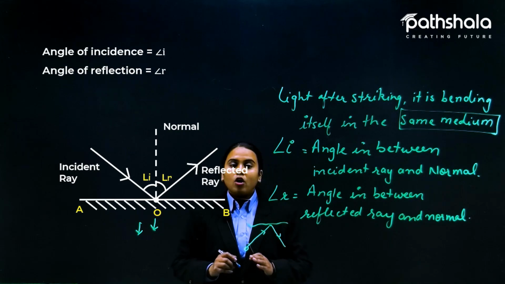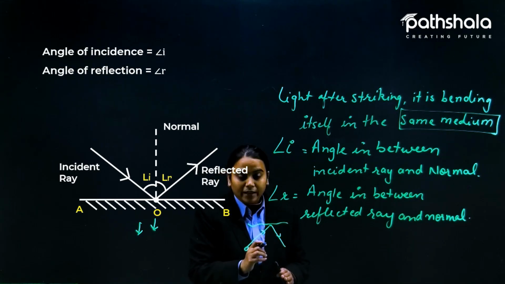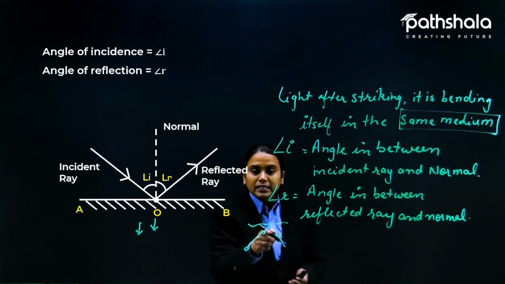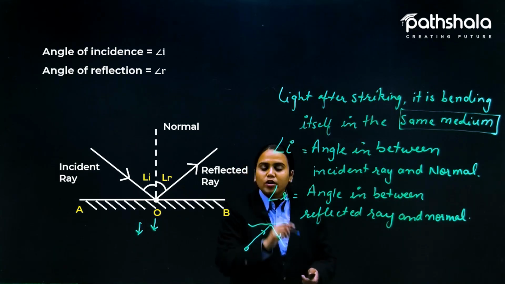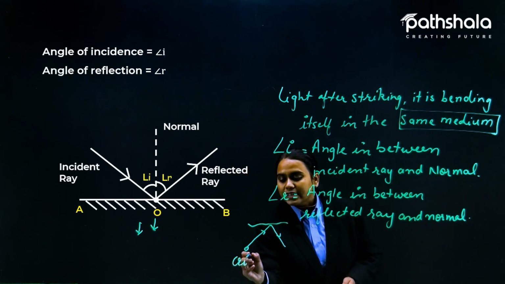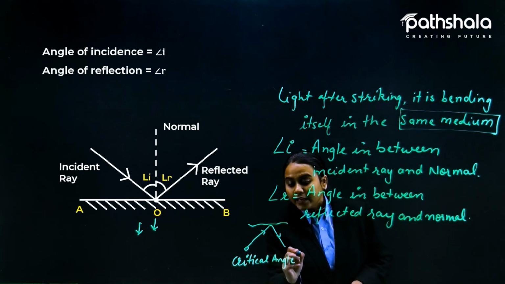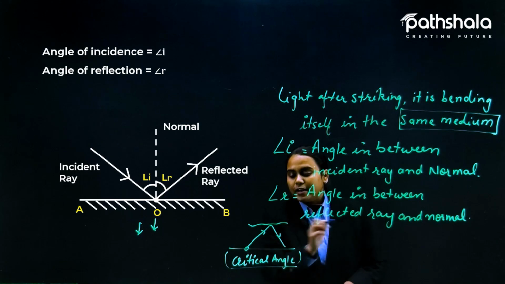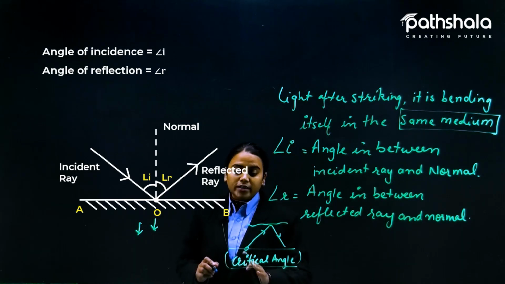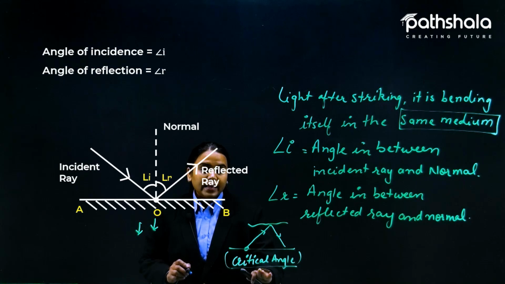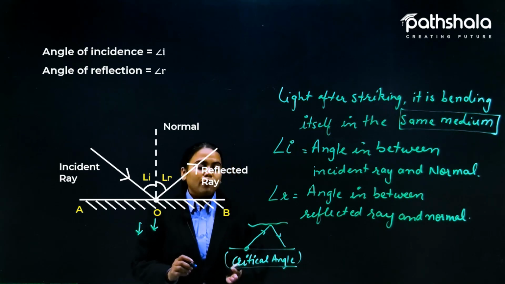We can again call it reflection, but this condition would only happen at a particular angle, and that angle is known as the critical angle. That is a certain limit, and this is a very good experiment, students.